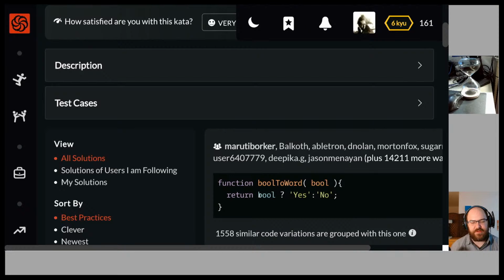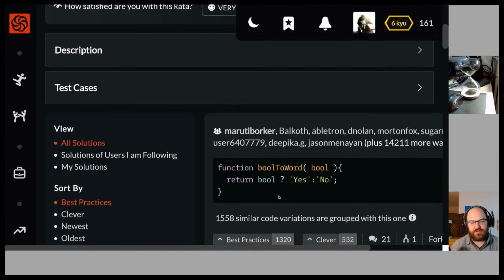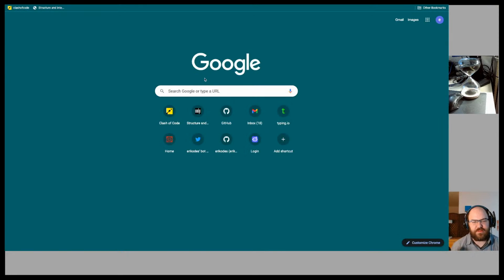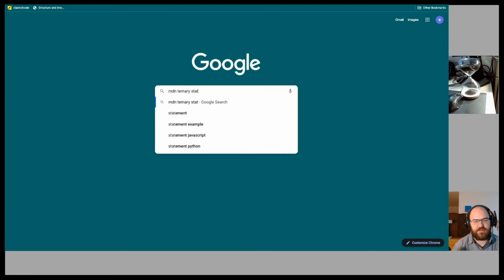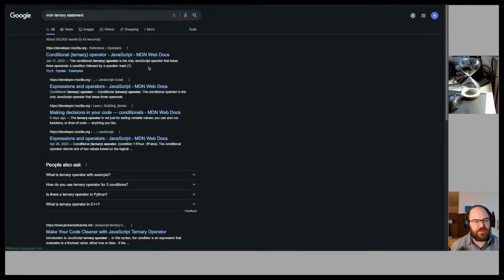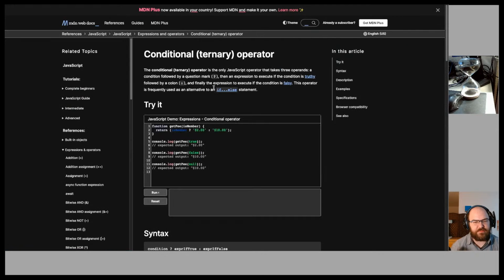Okay, a ternary statement. Let's review ternary statements, because I think they're not very intuitive to read. Conditional ternary operator.